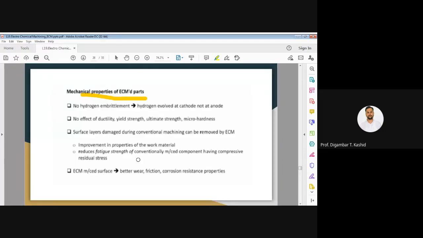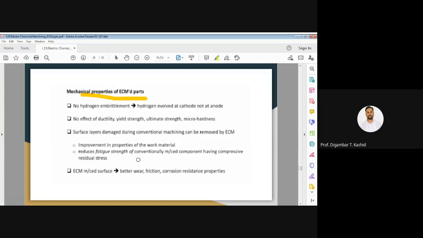Now another question arises: what will be the mechanical properties of electrochemically machined parts? As we know, in conventional machining processes compressive residual stress is generated. Because of this compressive residual stress, the fatigue life of your workpiece is increased.